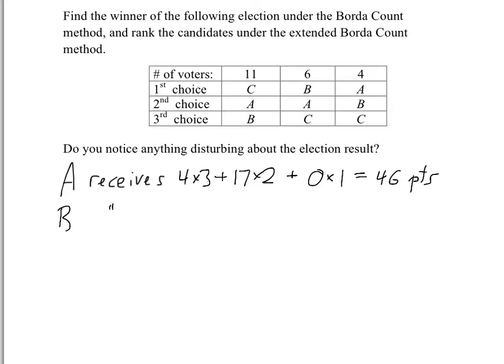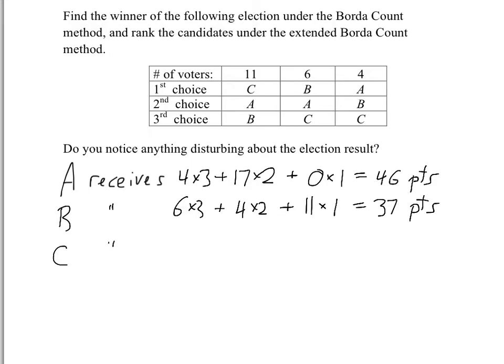B receives 6 times 3 from first choice votes, plus 4 second choice votes times 2 points each, plus 11 last choice votes times 1 point each. That's 18 plus 8 equals 26, plus 11 equals 37 points.